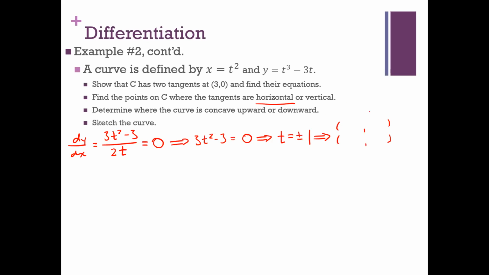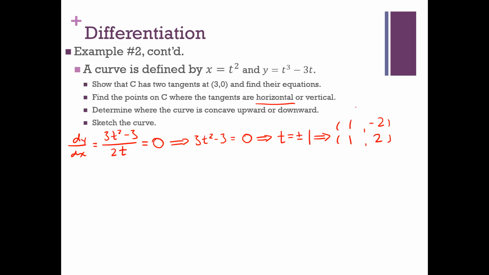So when t equals 1, what point do I get? 1 and -2. And when t equals -1, I get 1 and +2.